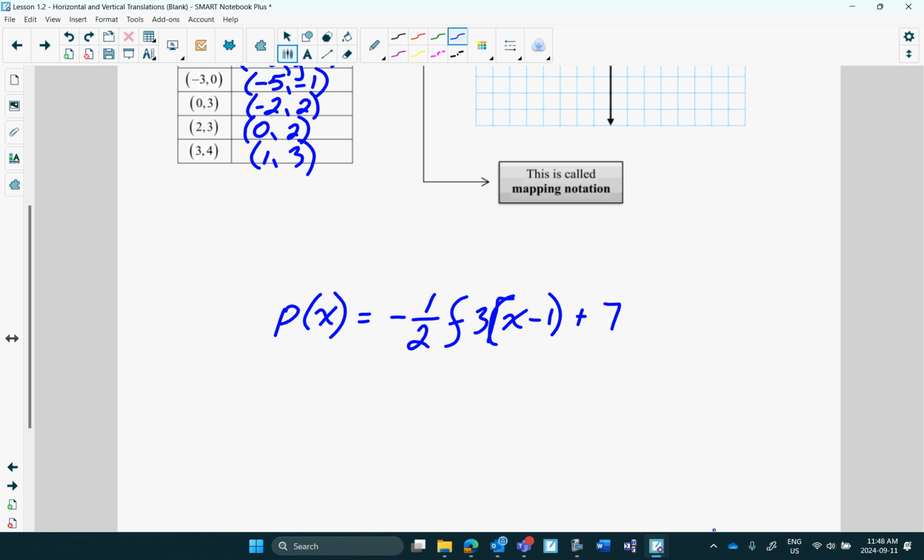We're eventually going to be doing ones like this, but there's a lot more transformations going on here.